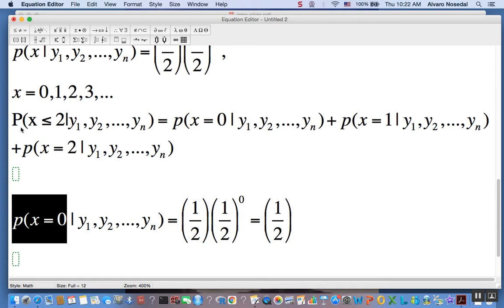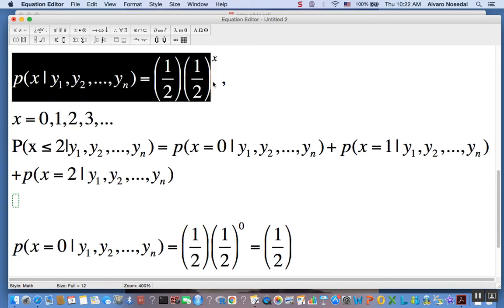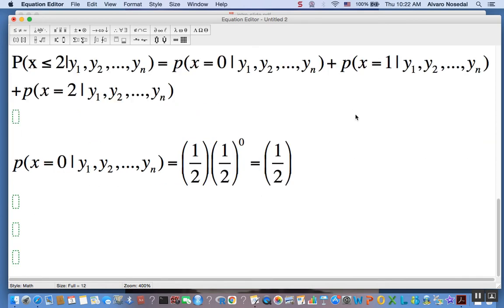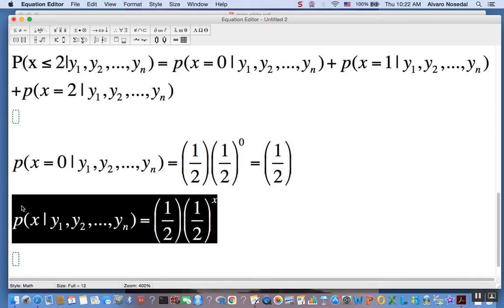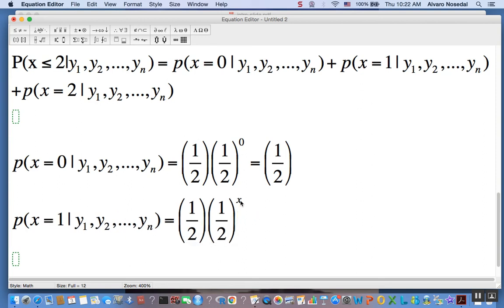Let's evaluate at the next value, at 1. Okay, so when we have that, we have 1/2 times 1/2, that's just 1/4, right?